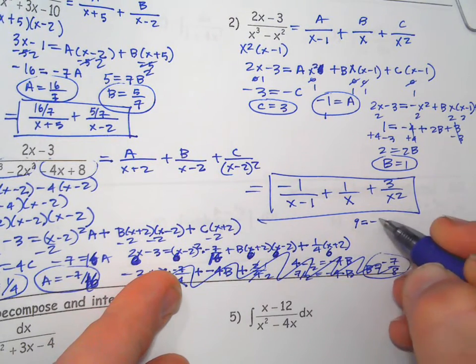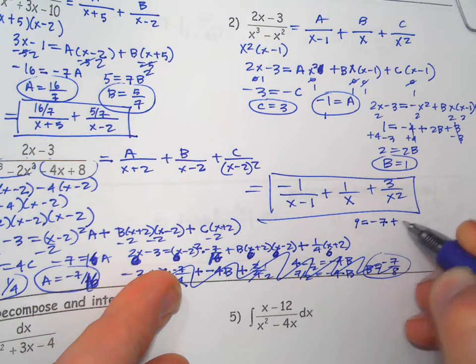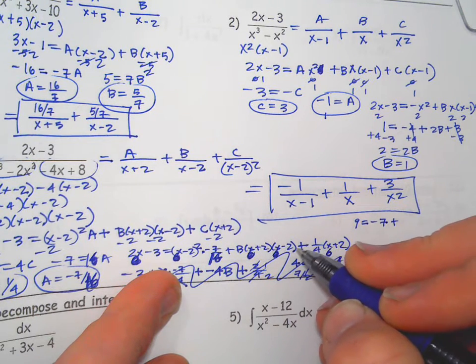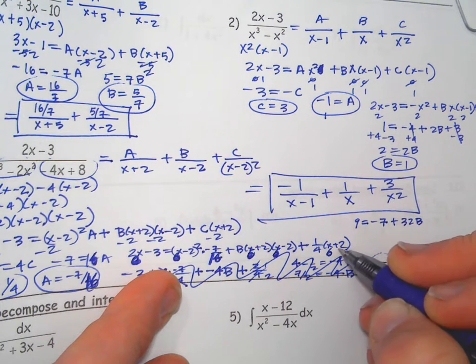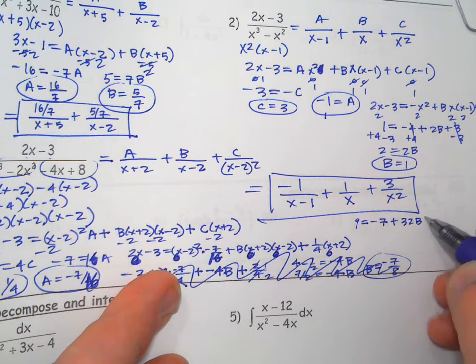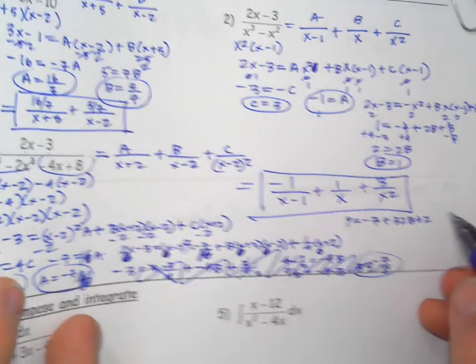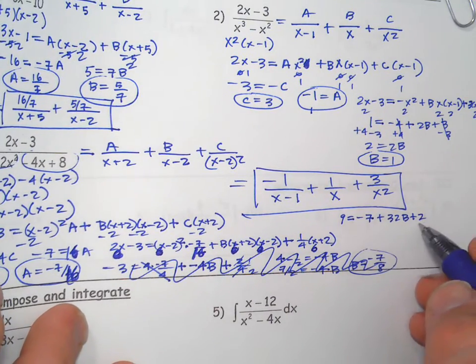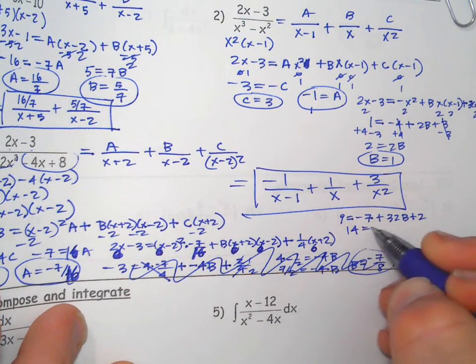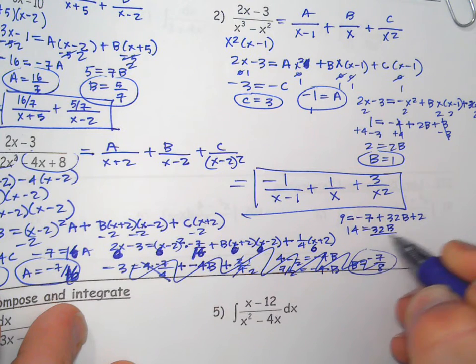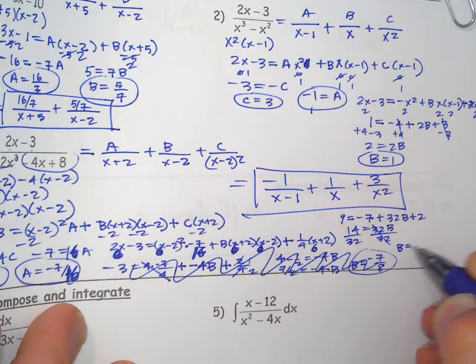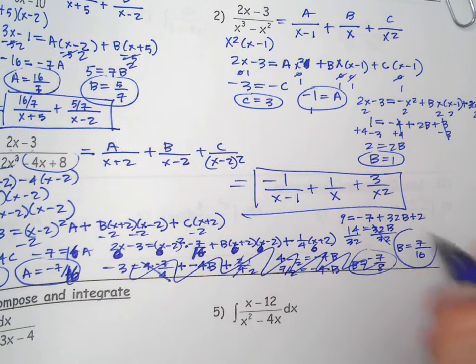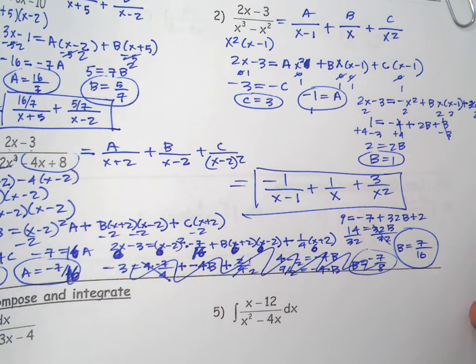So you just have a negative 7 plus, if you plug in 6 here, it's 8 times 4 is 32B. And here 6 plus 2 is 8 over 4 is 2. I just thought it'd be nice to get rid of the fraction. So this is going to be negative 5. Move it to the other side: 14 equals 32B. Divide both sides by 32. B equals 7/16.